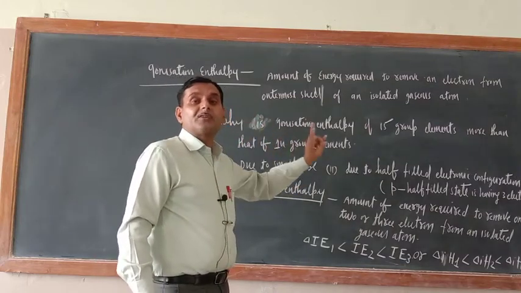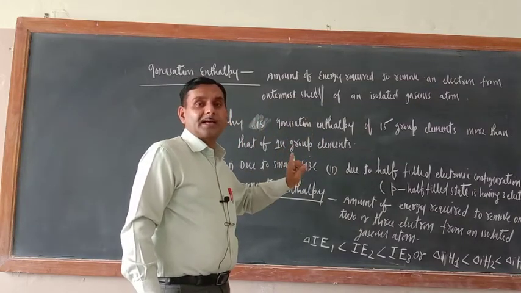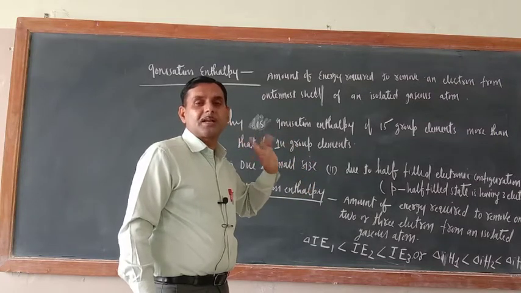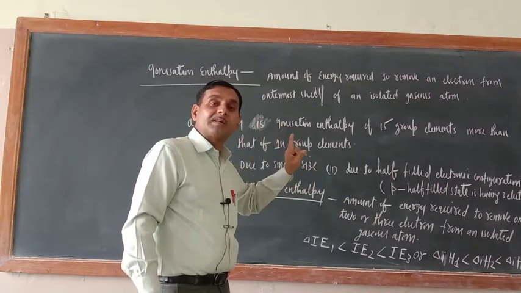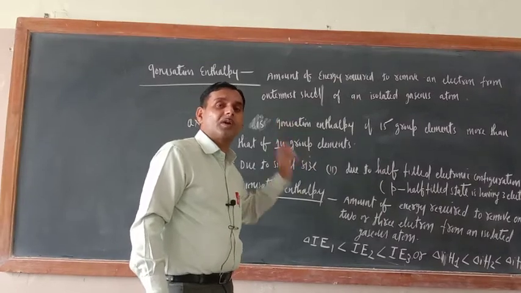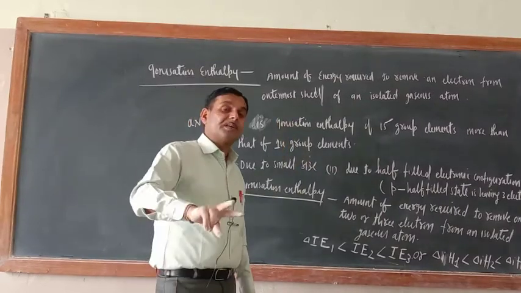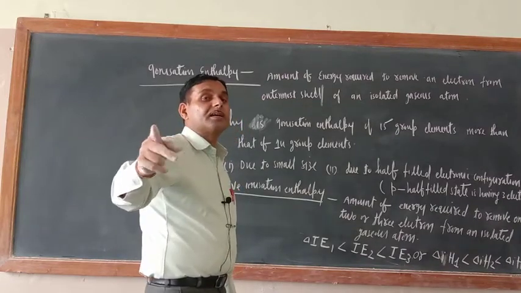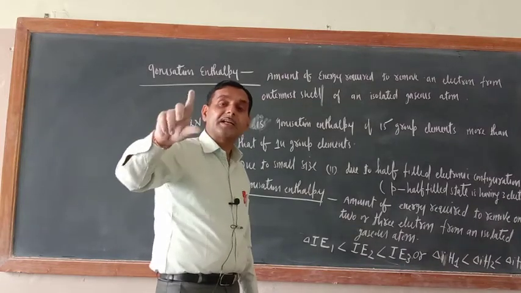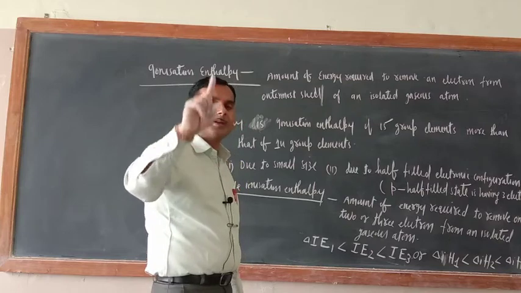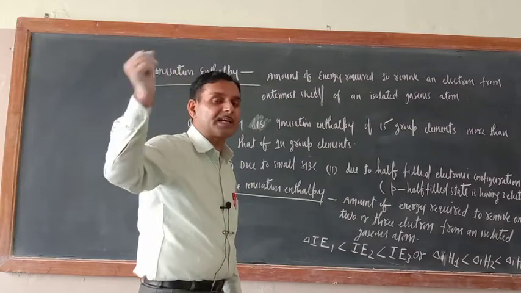What is the meaning? It means the electron must be removed from the outermost cell only, and from an isolated gaseous atom. Means the atom should be gaseous, isolated. It should be individual. Isolated means one atom and it should be in the gaseous state.